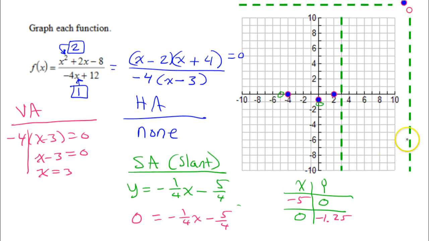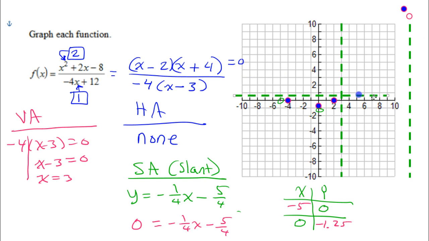So I'm going to make sure my slant asymptote goes through those 2 points. My slant asymptote should be looking something like that.